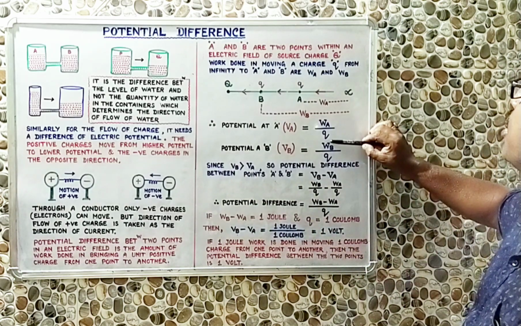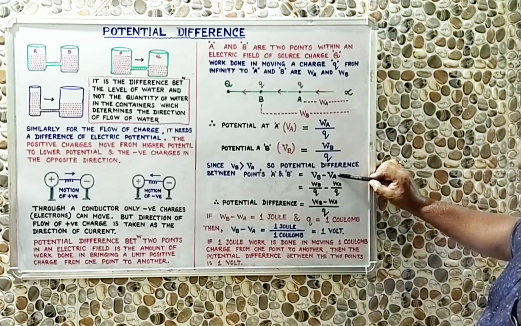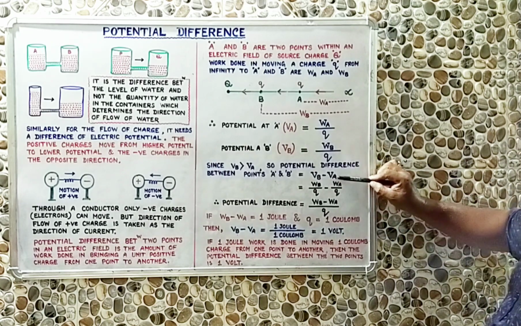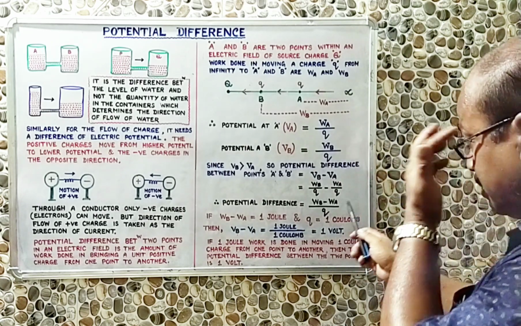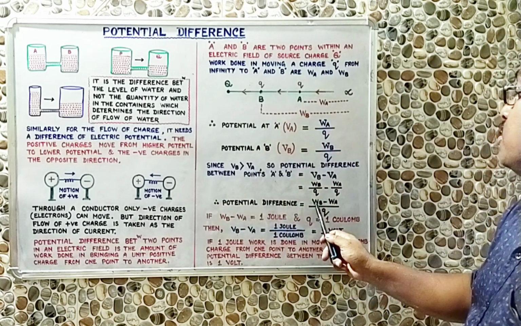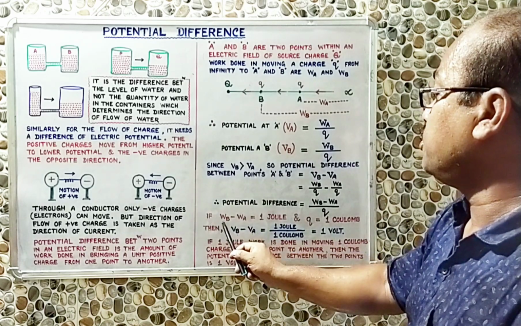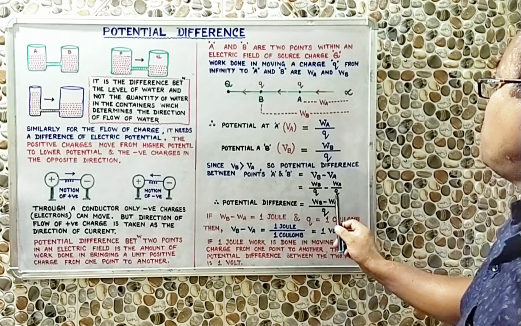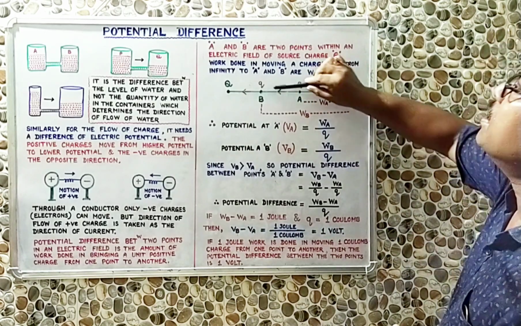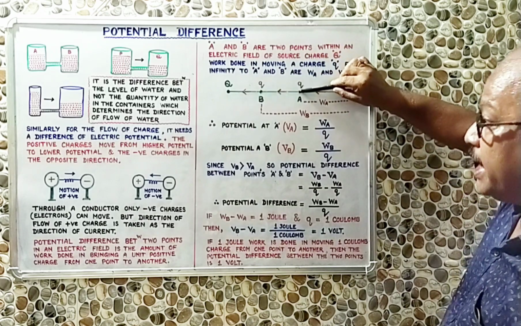VB is WB by Q, and minus VA means WA by Q. So we are getting WB by Q minus WA by Q. And by simplification, the potential difference between these two points will be (WB minus WA) by Q. Here, WB minus WA means the work done between these two points.